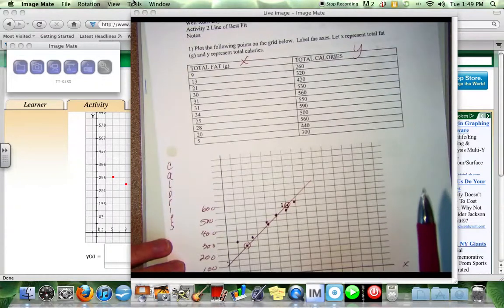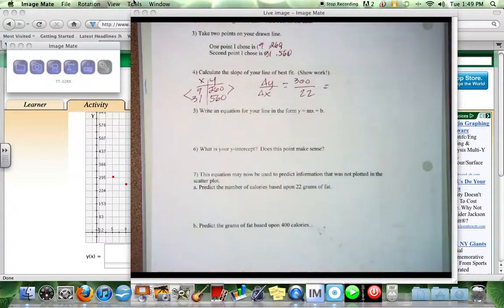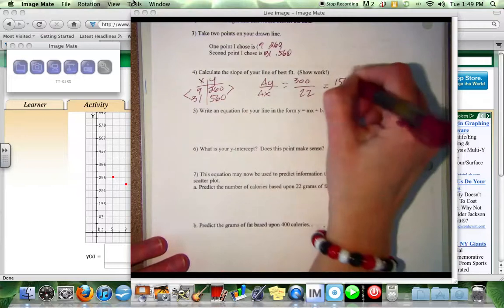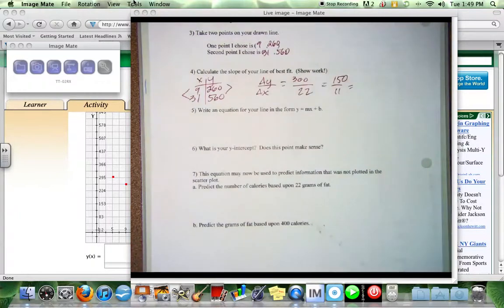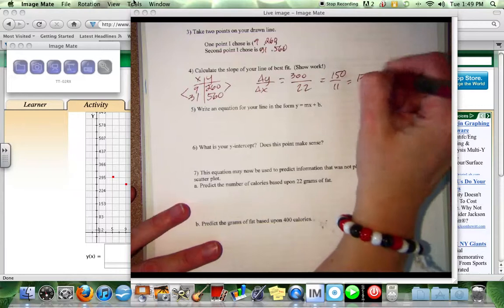Would you want to reduce that? Yes. So do 300 divided by 22, which is 150 over 11. Take 150 and divide it by 11. You would get it decimally, 13 point something.